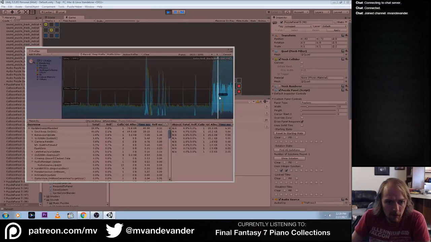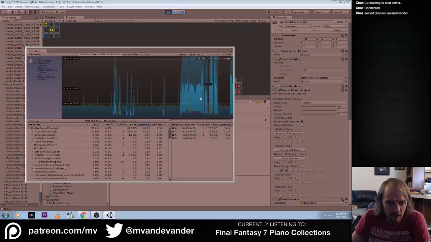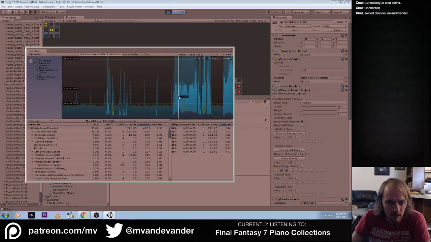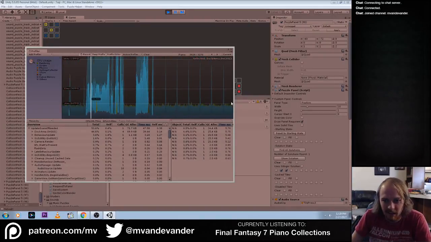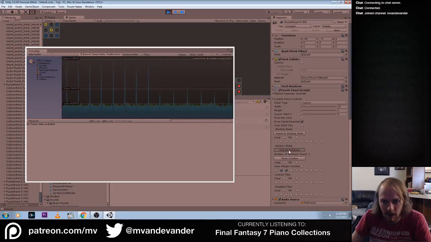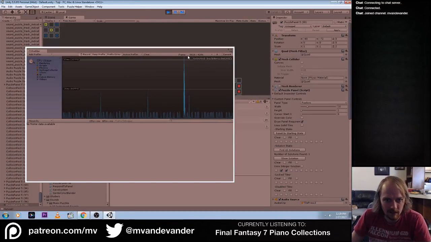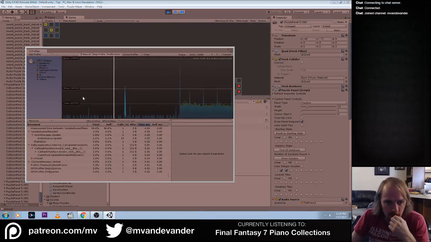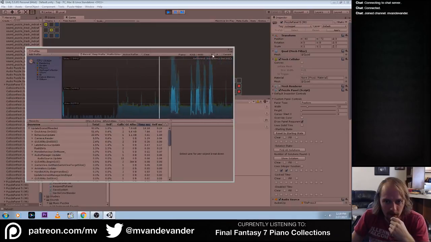I get way more stuff, it seems, from the profiler than I do from the game right now. But the weird thing is that I would expect, because that halts the frame, if there's some way to scroll back, I don't know what it is.